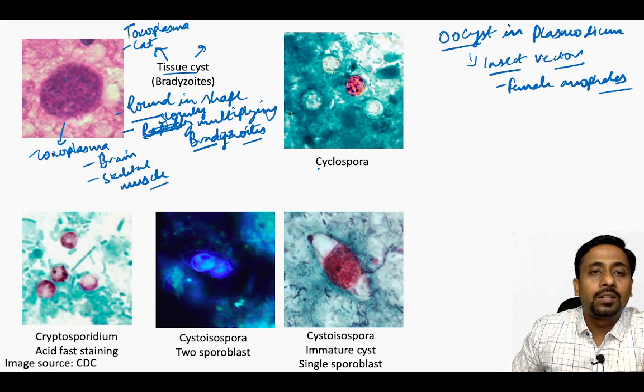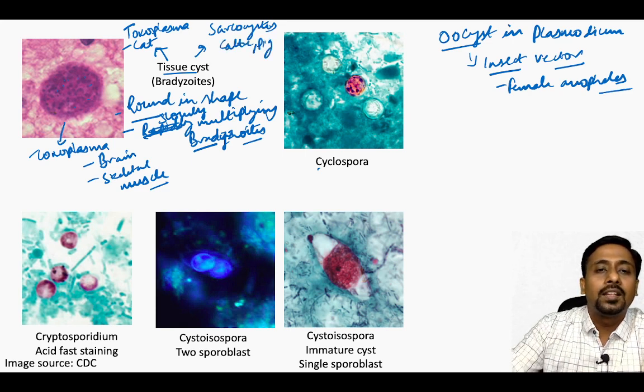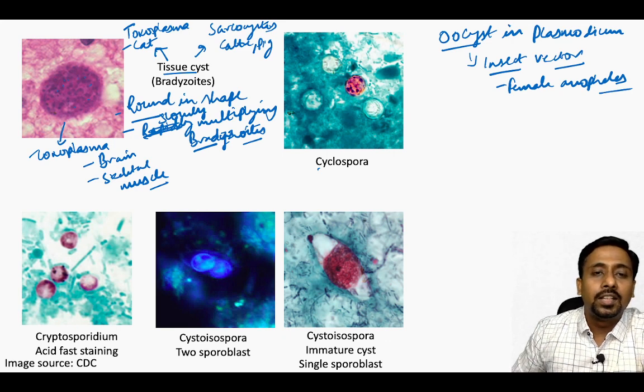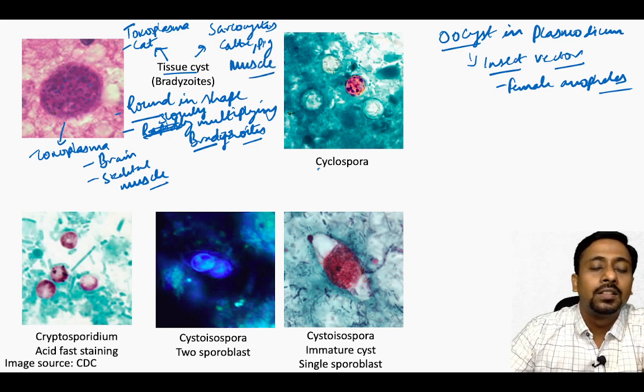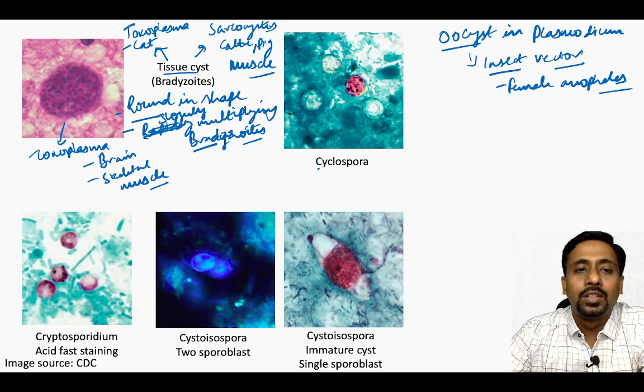Whereas in case of sarcocystis, the intermediate hosts are cattle and pig, and in them the commonest site is muscle. Okay, so nothing much to remember in this.